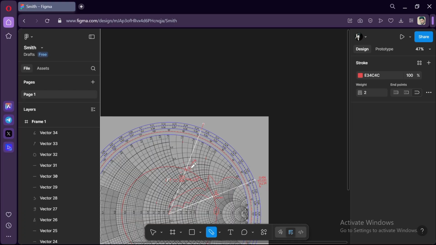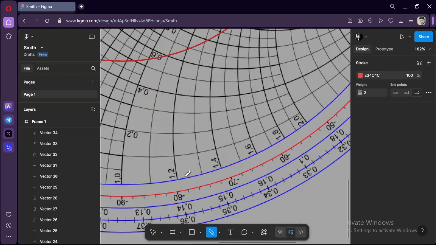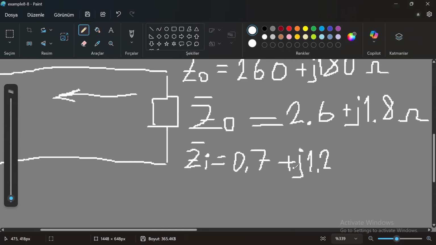We are taking plus j. If we were using the 1.2 at the bottom of the Smith chart, then it would be minus j. But now it is plus j1.2. This is our normalized Z input.